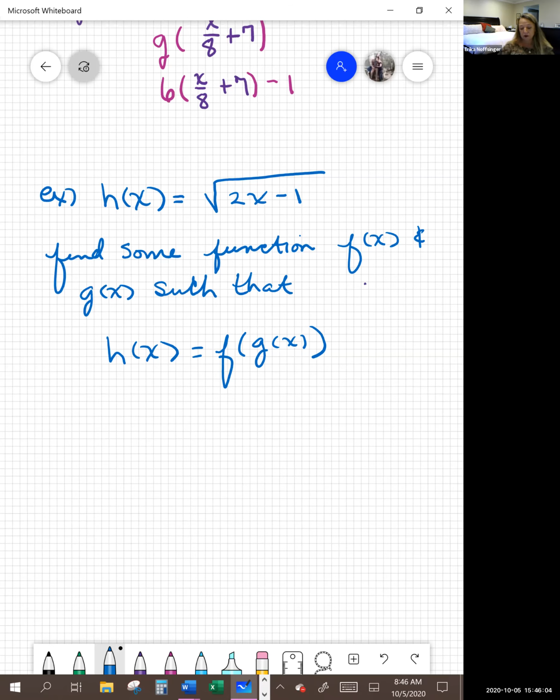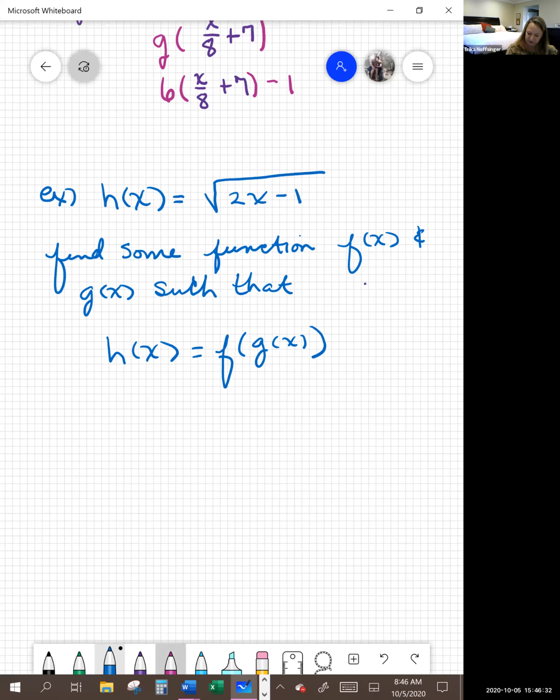So really, if you are doing these compositions and you're trying to break it down and find the inner piece, it's going to be stuff like what is underneath the radical, or things that could be rewritten to some power. So if you had, like at the beginning, 10x squared minus x plus 2, or whatever it was, quantity squared, what was inside that whole polynomial, we could call the inner function.